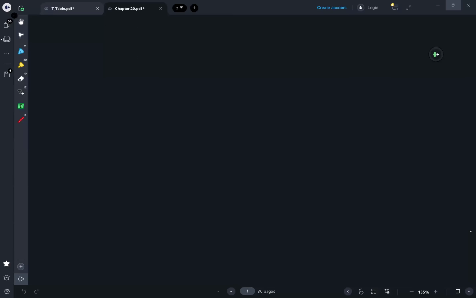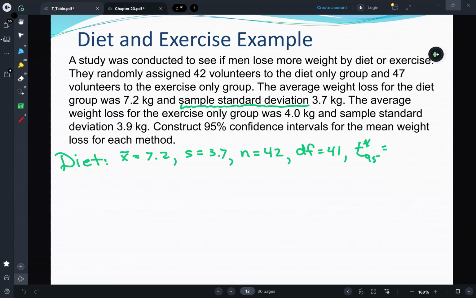So 2.021, let's go back. 2.021. And then we can put this one all together. X bar plus or minus T star times S over the square root of N. Put the S in now.